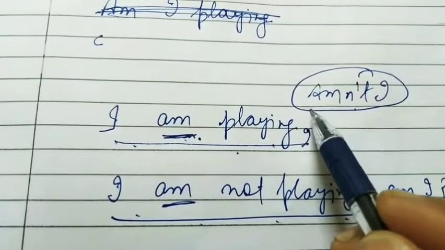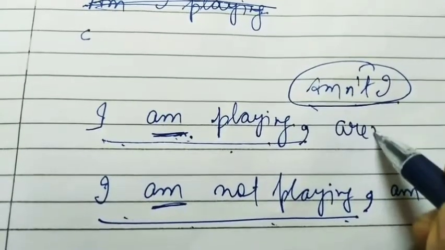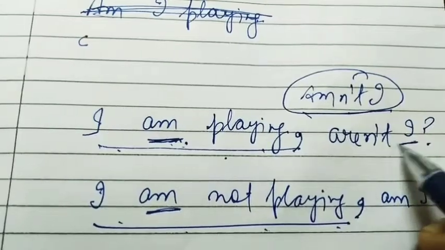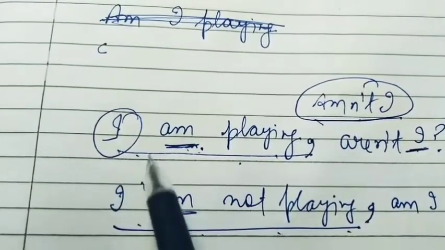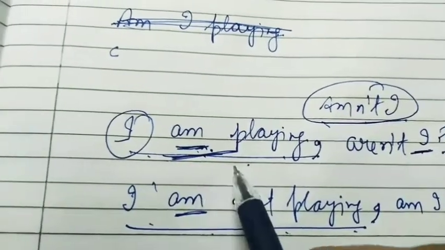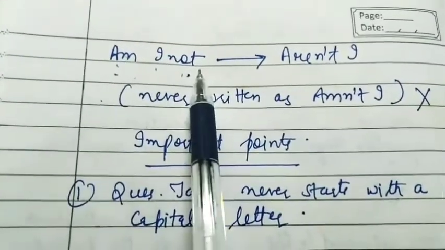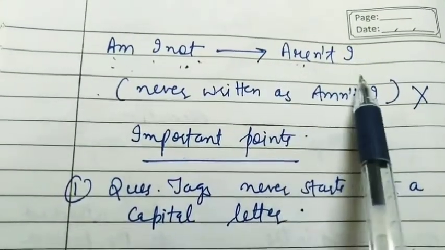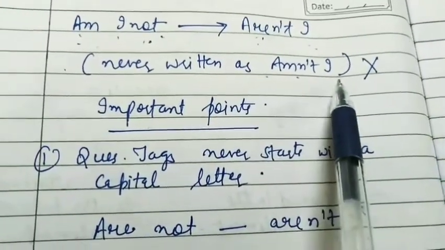We never use amn't I, we always use aren't I, and it is with only the I pronoun, okay. Clear hai? All right. So this is one important point which you should note down, कि am I not is always written in aren't I form, but it is never written as amn't I, okay.